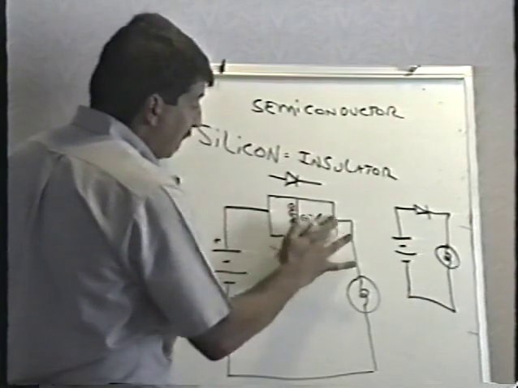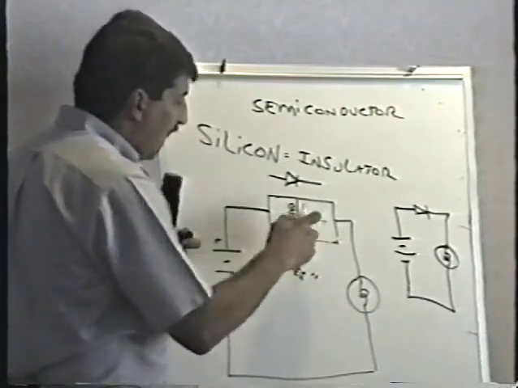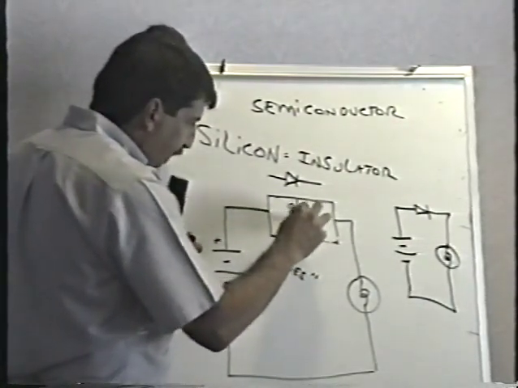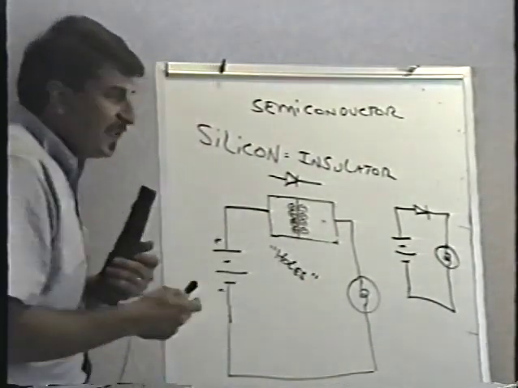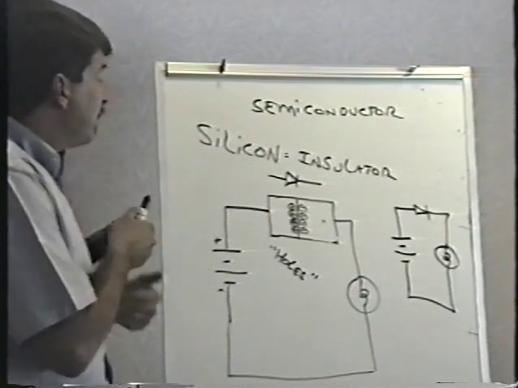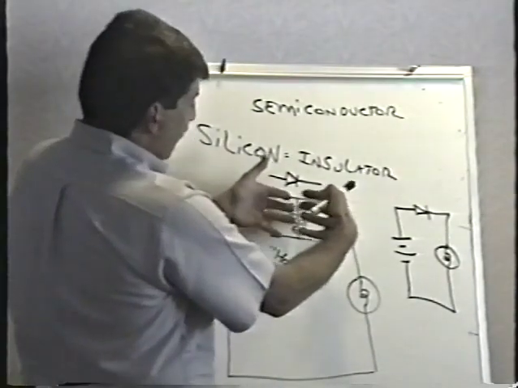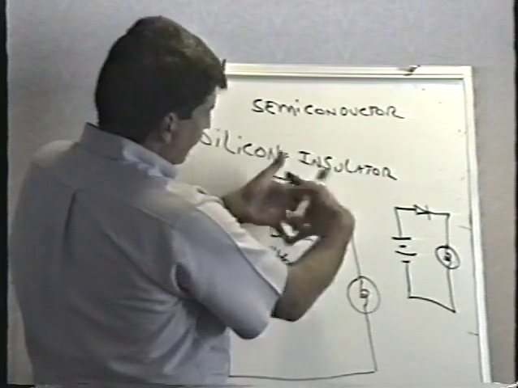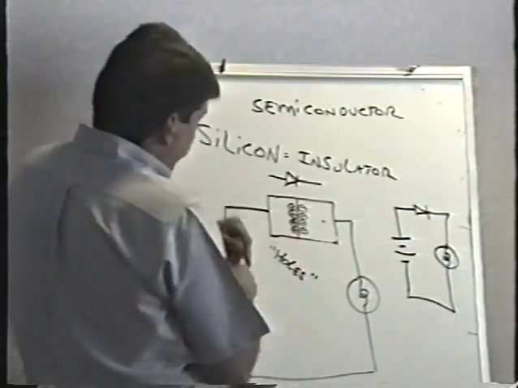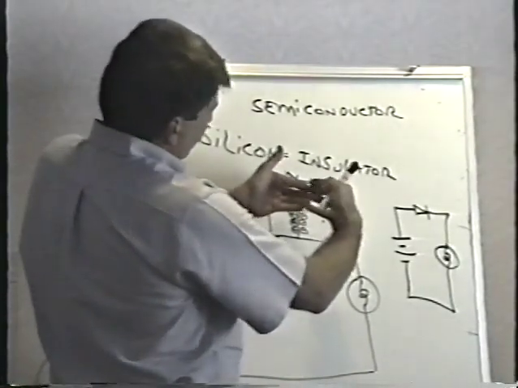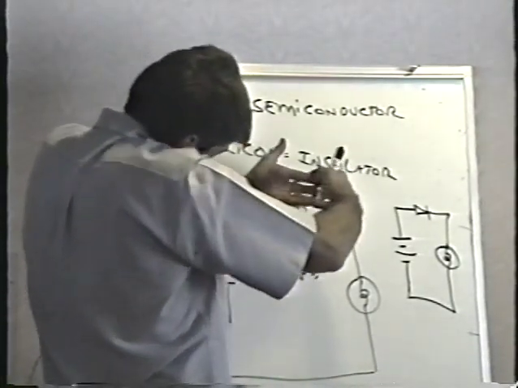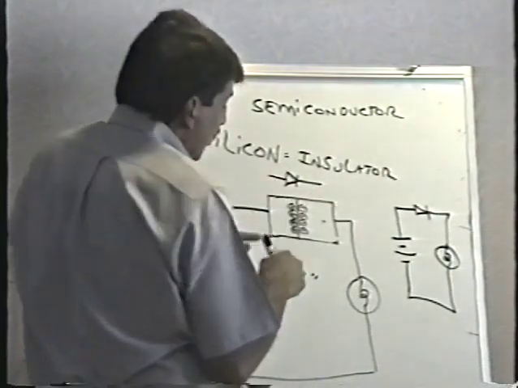And the same thing happens. It pushes the electrons up against the PN junction here. Well, in this case, what happens is the pressure from the battery literally forces the electrons into those holes. Remember, voltage is pressure. The pressure, the voltage from the battery, literally shoves the electrons into the holes.